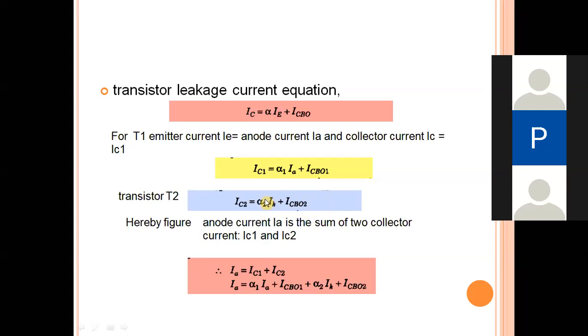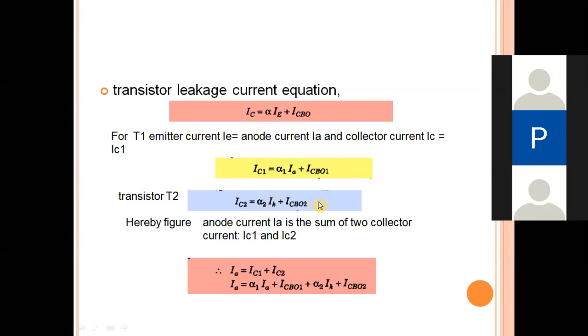This ICB02 is the leakage current associated with transistor 2. So you have two leakage current equations: the collector current of transistor 1, IC1 is equal to alpha 1 IA plus ICB01, and the collector current of transistor 2, IC2 is equal to alpha 2 IK plus ICB02.